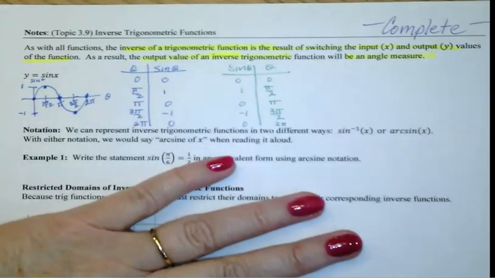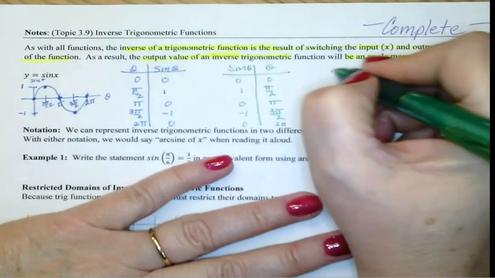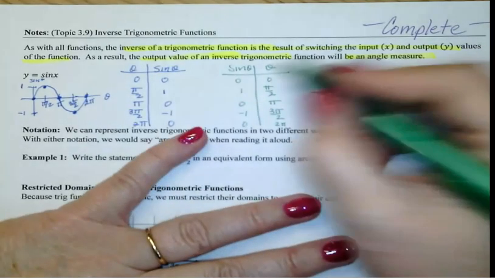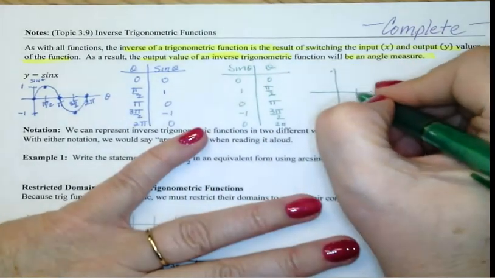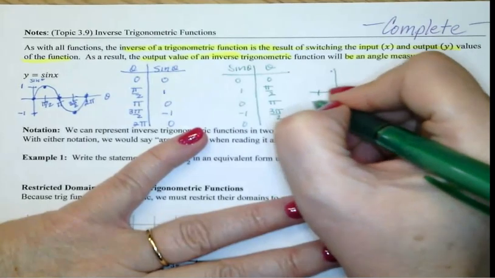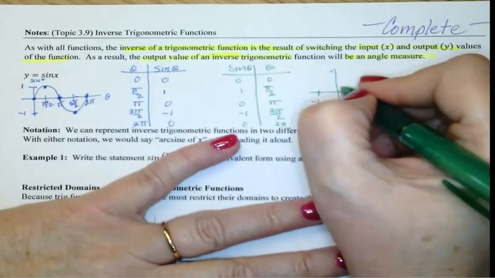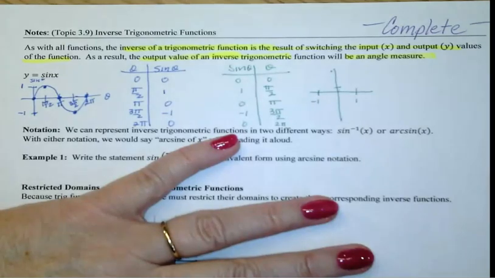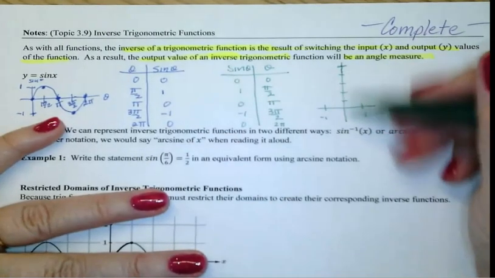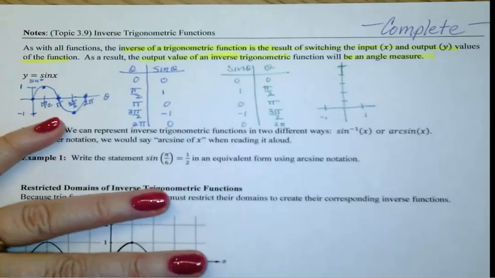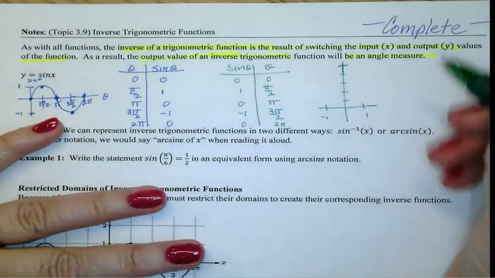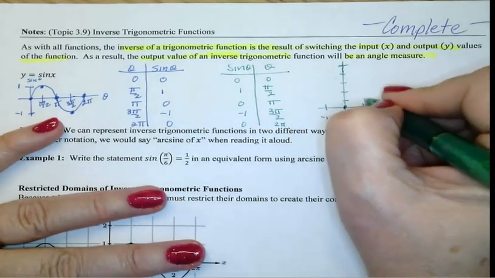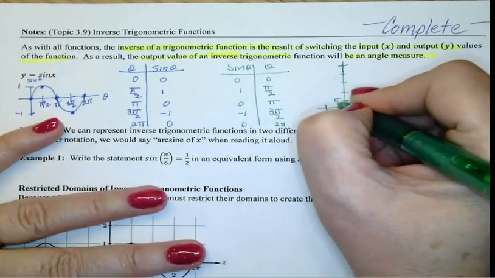We know what it looks like here, but now let's graph it over here so we can see what's going on. We know our input values are going to be 1, 0, or -1, and our output values are going to be the vertical angles. So at 0, we're at 0. At 1, we're at pi over 2.